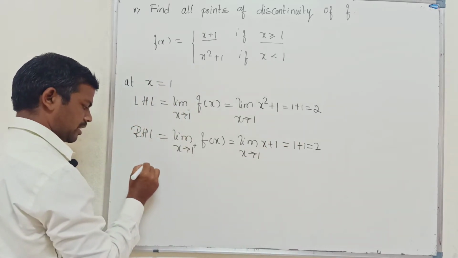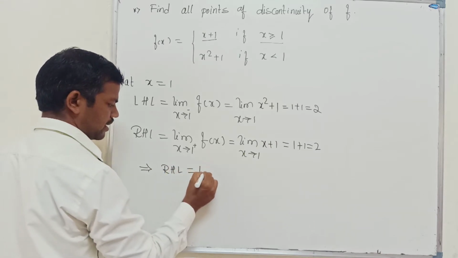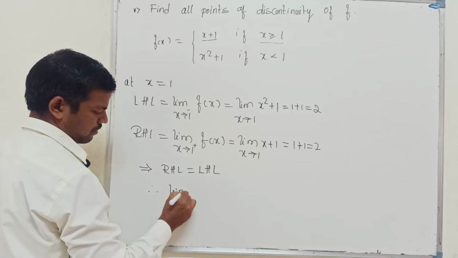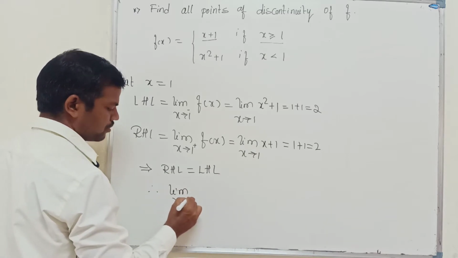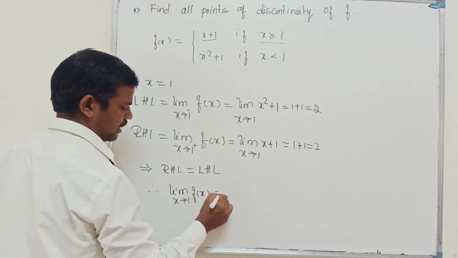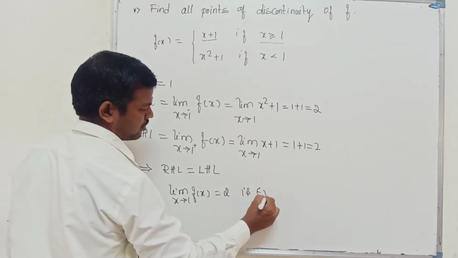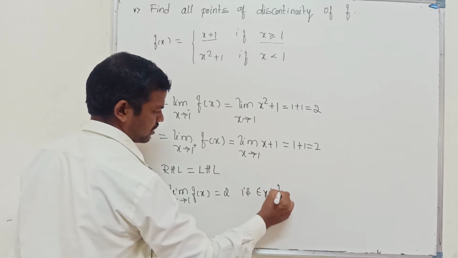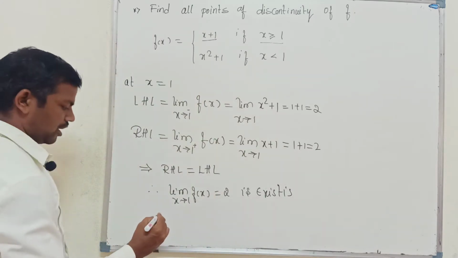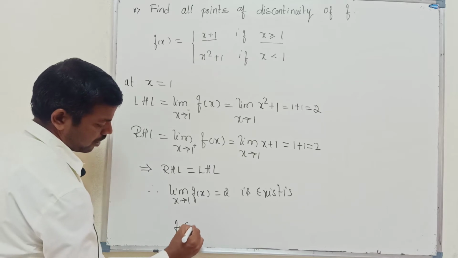So it implies that RHL is equal to LHL. Therefore the limit as x tends to 1 of f of x is equal to 2, and it exists.